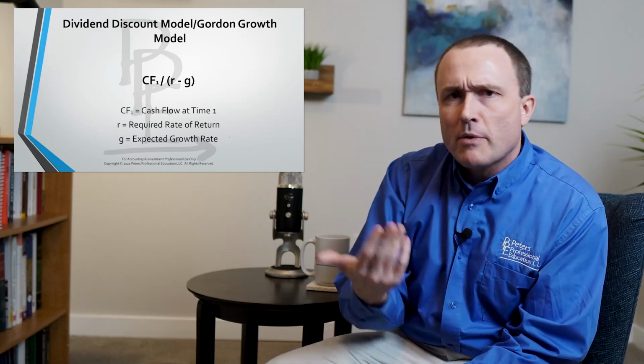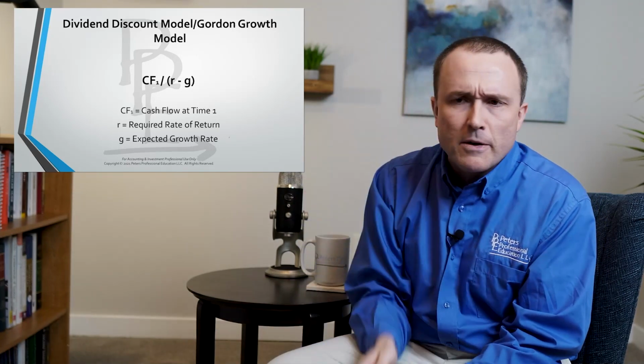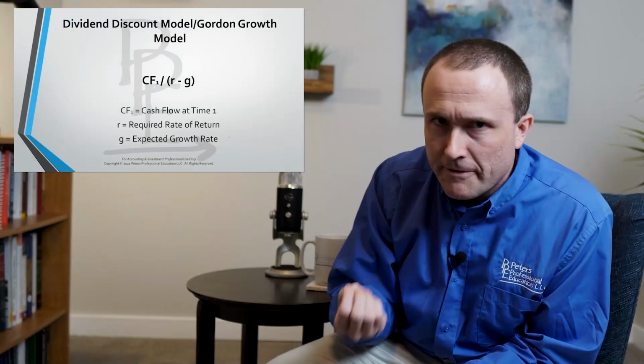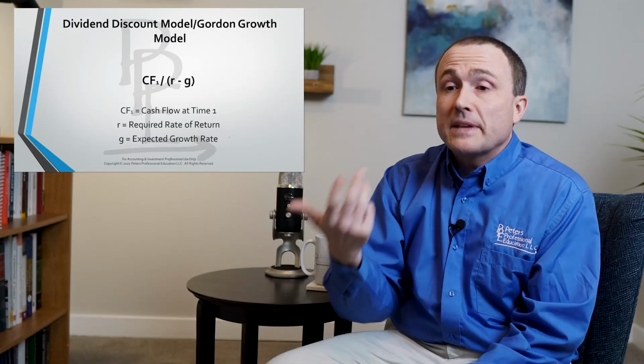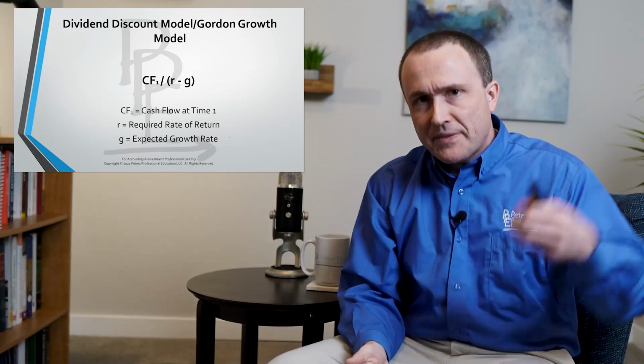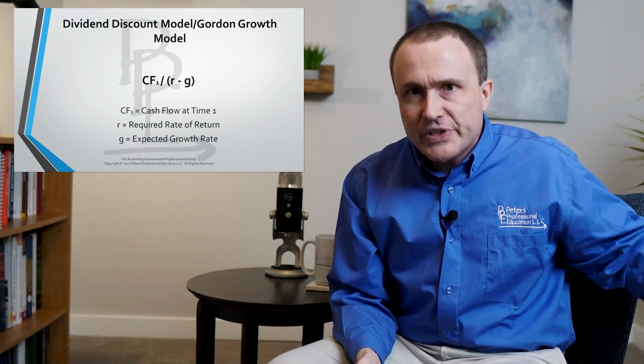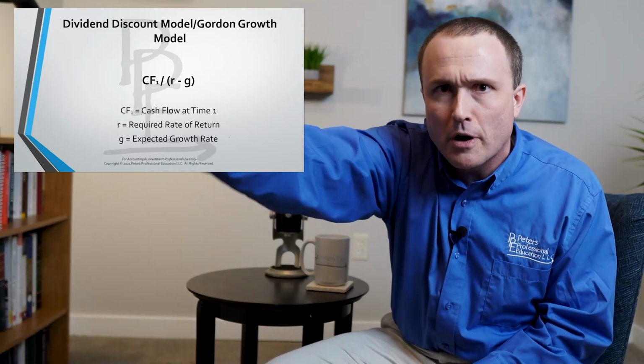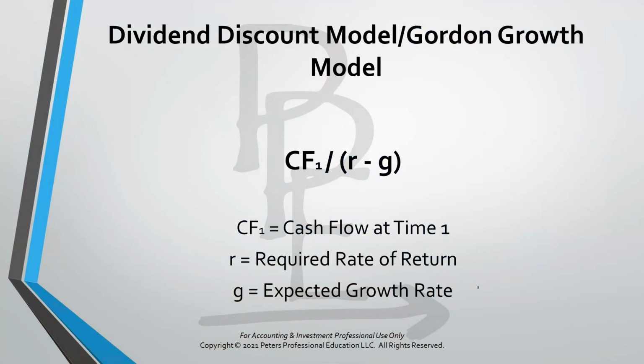You'll typically hear me refer to it as the Gordon growth model, and here it is up on the slide. The Gordon growth model is a simplification of the ideas put forth by Williams, that the intrinsic value of a company is its discounted future cash flows. If I simplify that, what I come up with is that the cash flow at time one, so not the cash flow that just happened, but the cash flow one step in the future, is in the numerator.